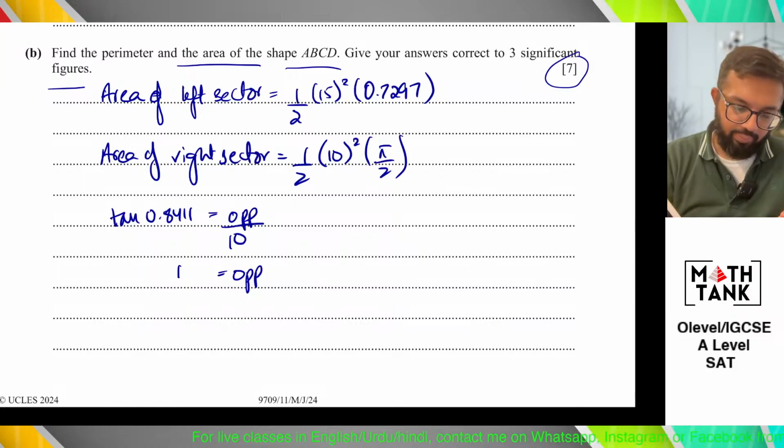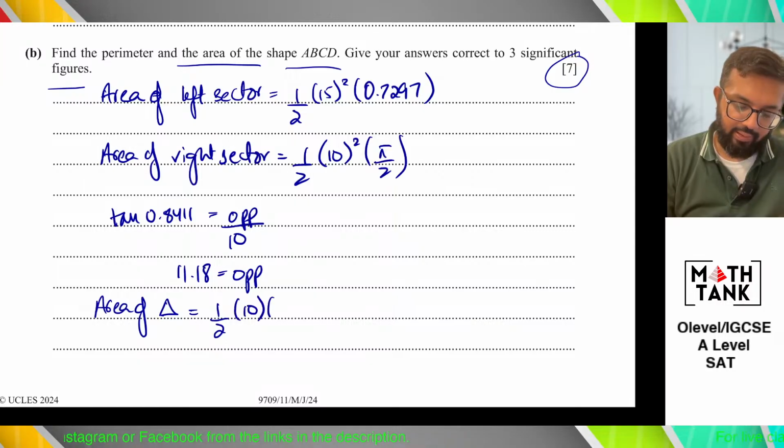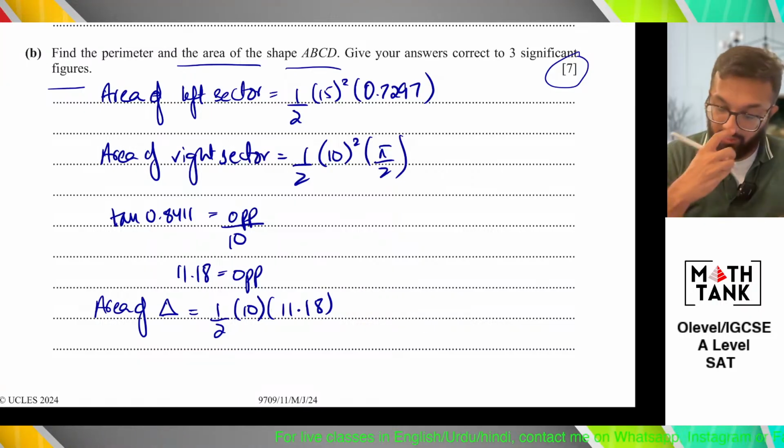It's 11.18. Okay, so the area of the triangle is half of base and height, plus the area of both sectors.